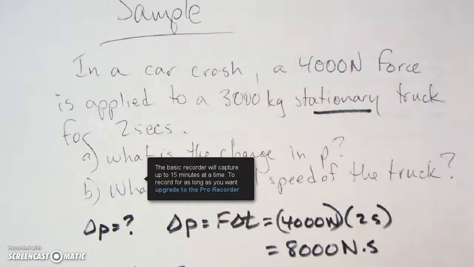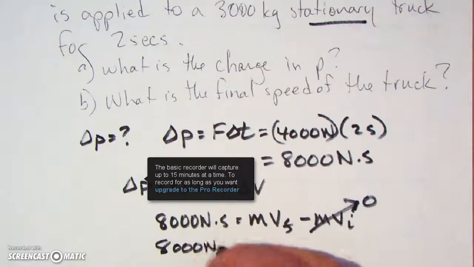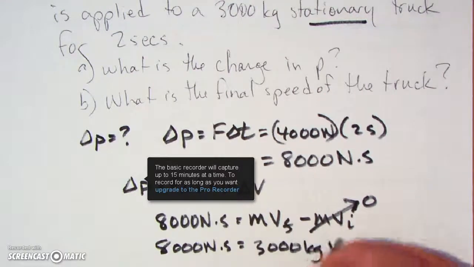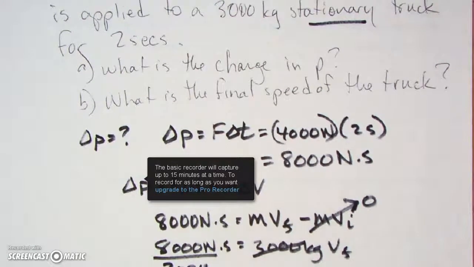Here's the nice thing: that term's 0, so it becomes a pretty straightforward problem. We get 8,000 Newton seconds equals the mass of the truck, 3,000 kilograms, times vf. Divide both sides by 3,000, and I get that vf is equal to 8 divided by 3, which would be 2.67. And of course that's speed, so it's meters per second.